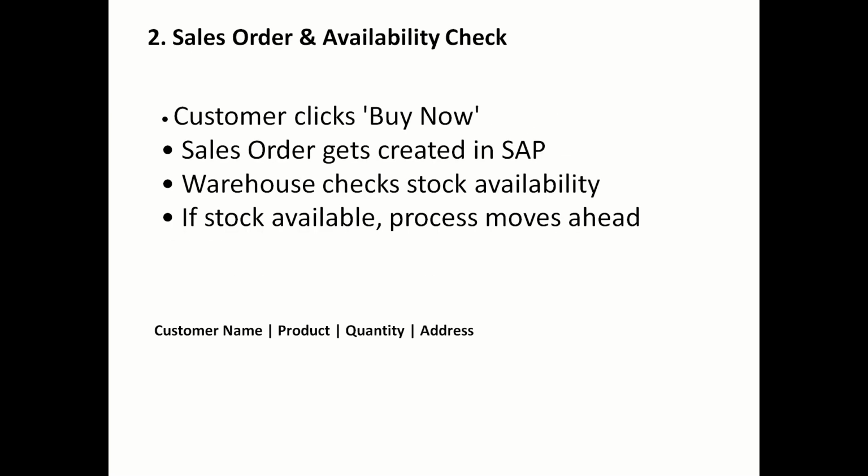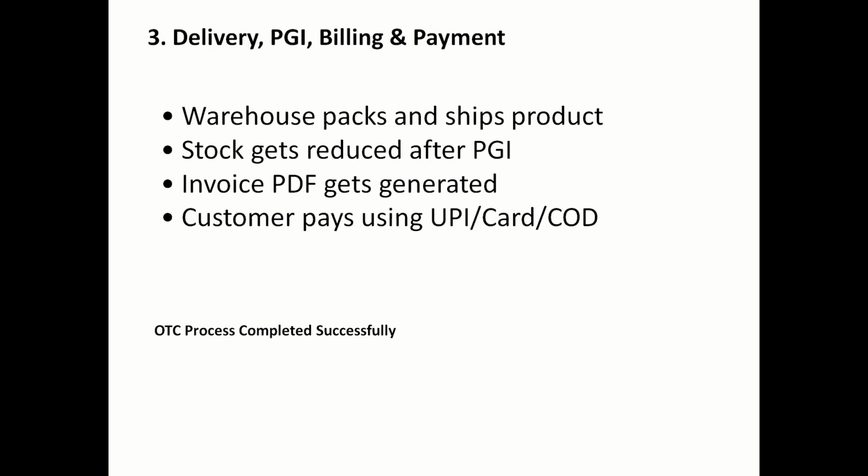Then the customer clicks on the buy now option, where SAP creates the sales order. The warehouse checks the stock availability and if the stock is available, then the process moves ahead to delivery, PGI, billing and the payment, where the warehouse packs and ships the product to the customer's place.